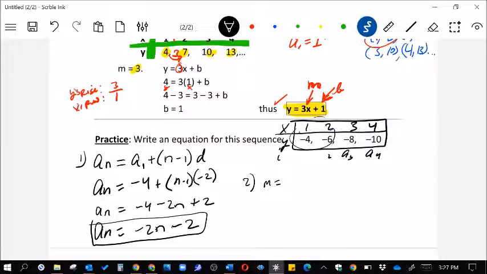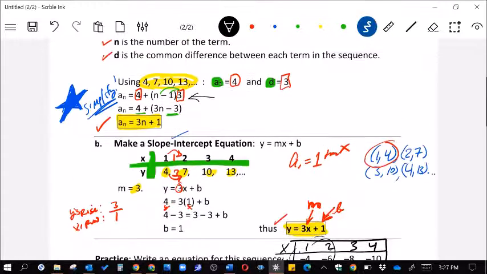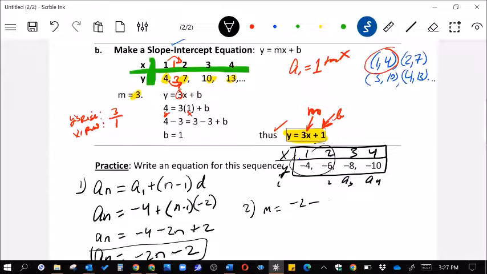And so for slope, let's take the two smaller ones. I'll do y sub 2, -6, minus y sub 1. Wait a second, this can get confusing, so let me show you how to think about it.